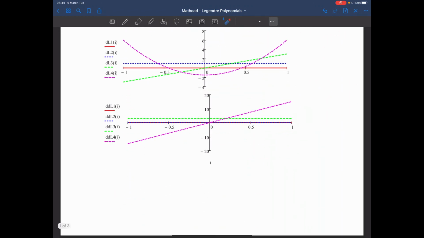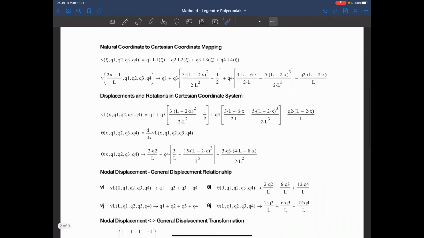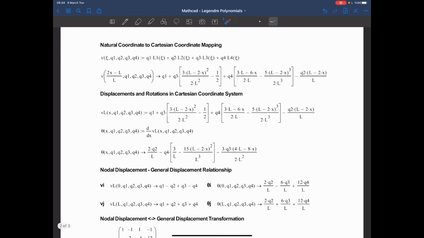All right, our next task is to have a natural coordinate to Cartesian coordinate mapping. These equations are written in the natural coordinate system, so I derive the equations for the Cartesian coordinate system so that I will get equations for the mapping between the D coefficients and the nodal displacements.